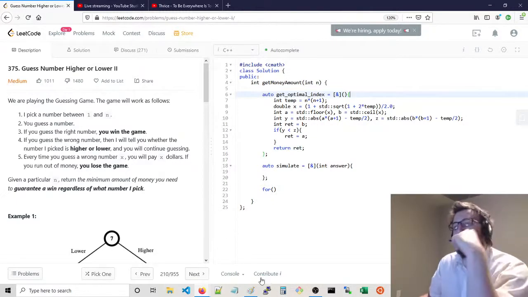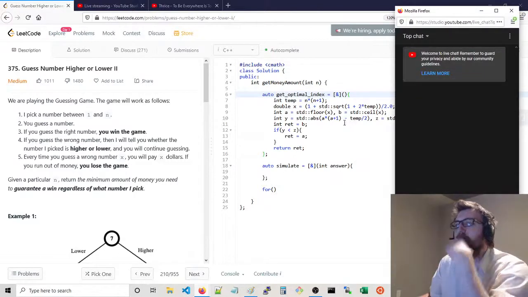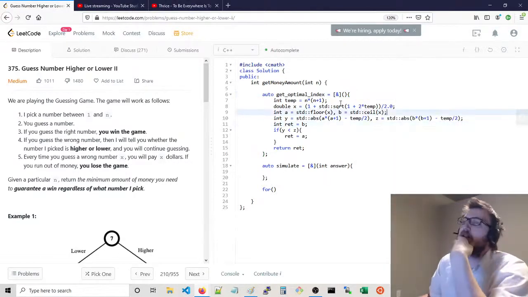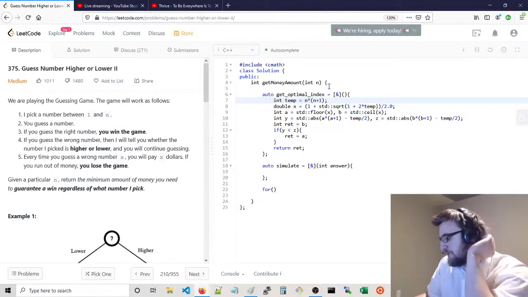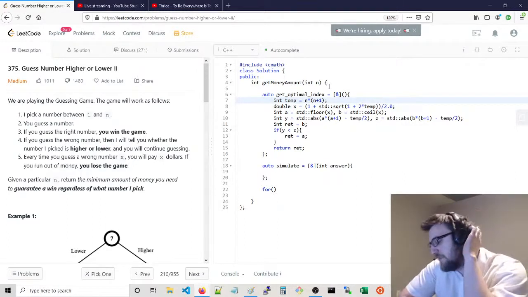This is kind of a lot of code to do something that's not too complicated, but basically we can use, what do they call that, the perfect square formula, I guess, to find the roots.